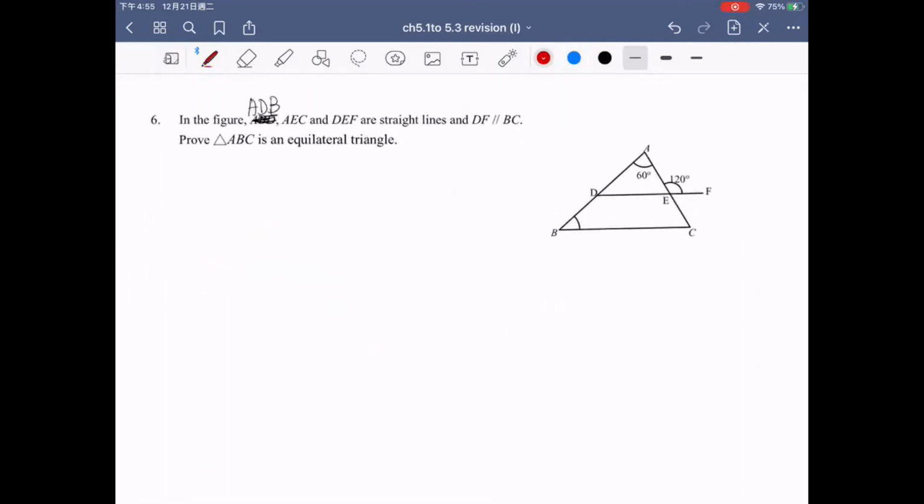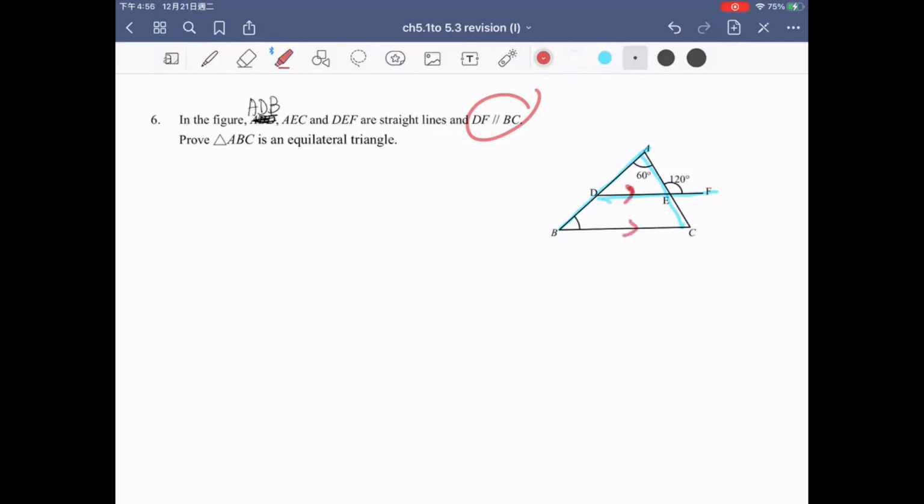Number 6. We can mark down all the equal signs first. Oh, sorry, it is a parallel line, so we can mark it. Remember, mark it.